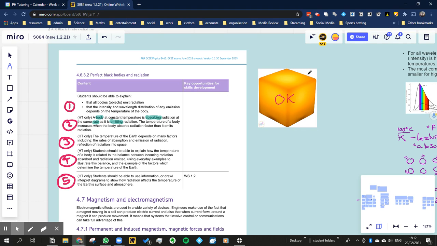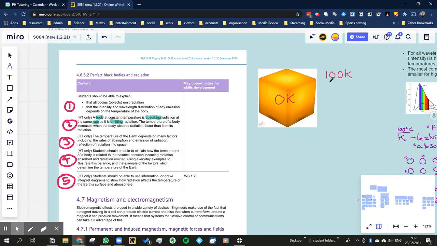Now I've taken this cube and put it inside a place of, say, 100 Kelvin. That's very, very cold, but we won't bother converting into centigrade for now. We'll just say it's 100 Kelvin.